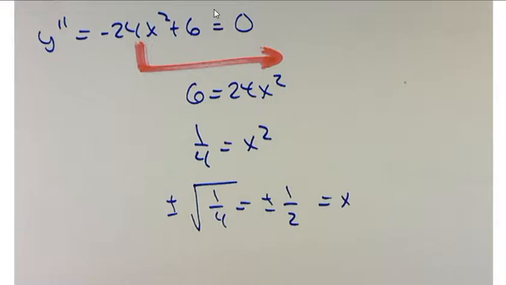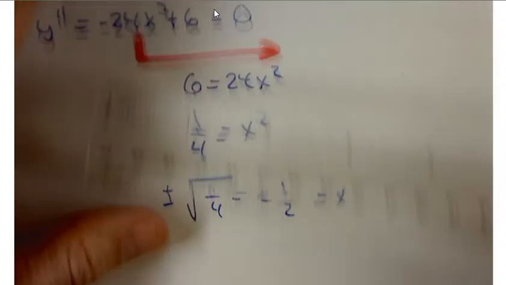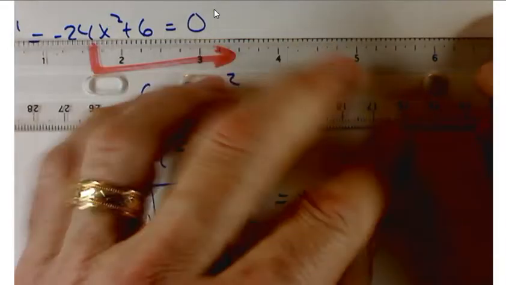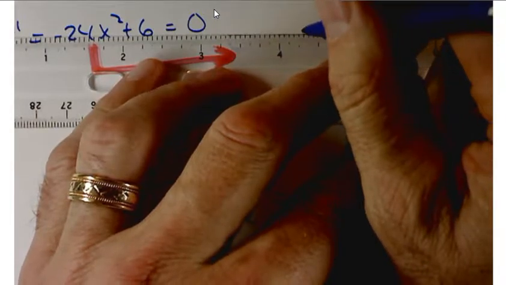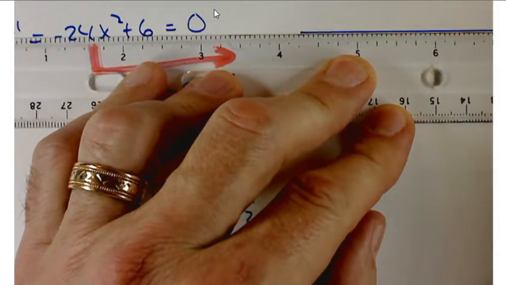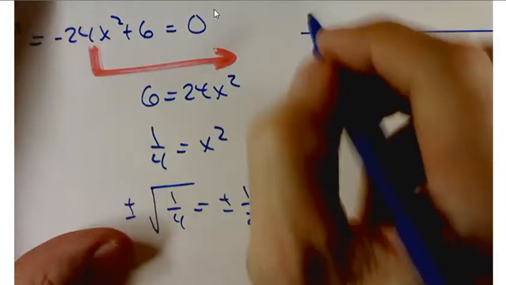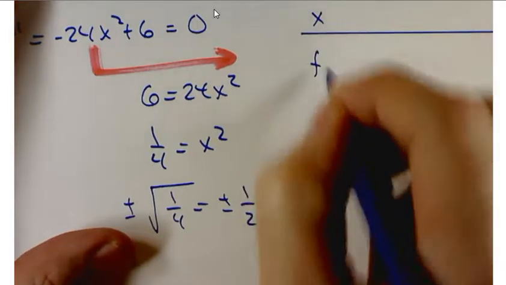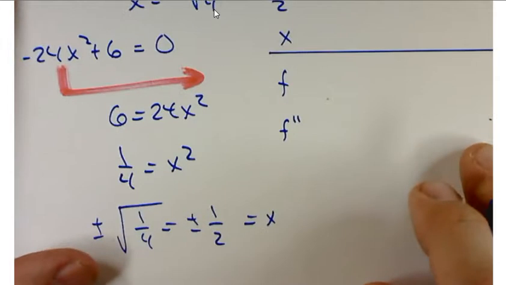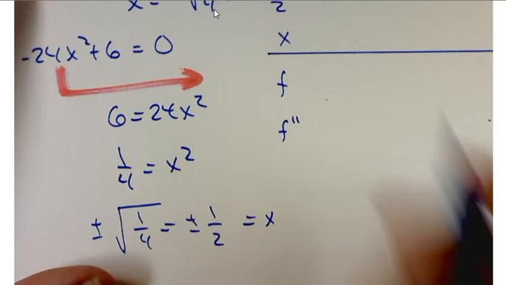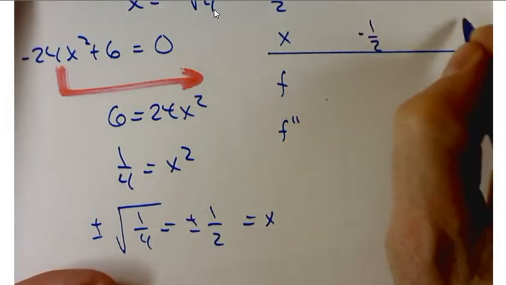Let's make another little chart here at plus or minus 1/2. X, f double prime, negative 1/2, positive 1/2.